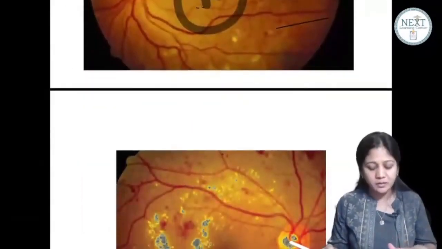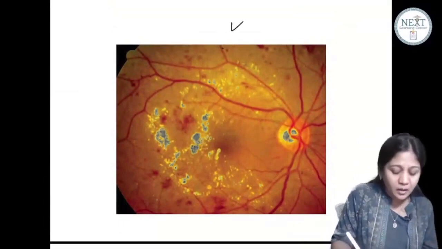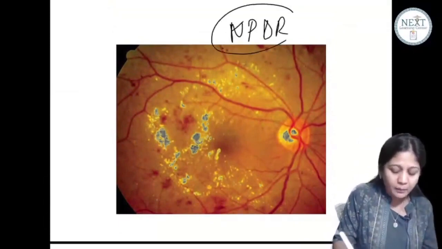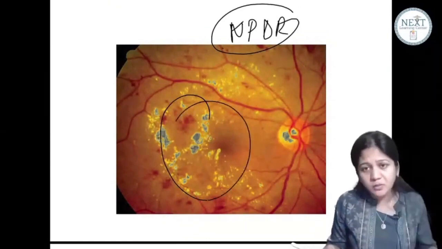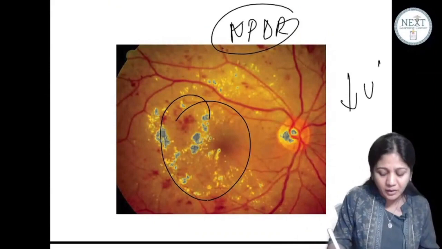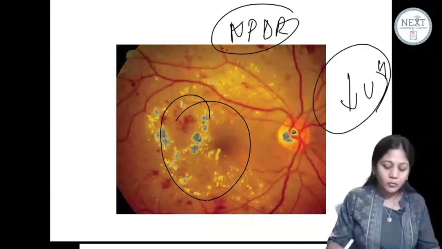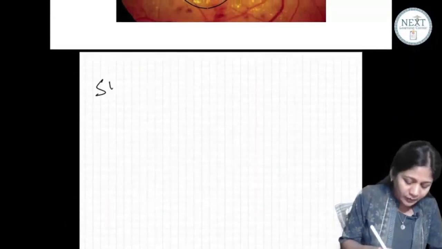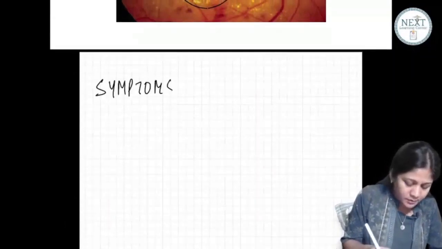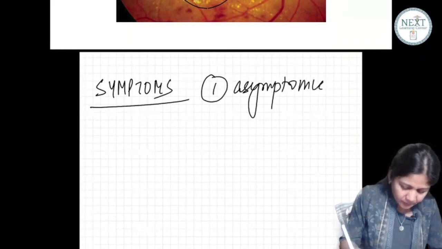Now see this patient. He again has a non-proliferative change. This is also NPDR, but you have a lot of findings in the macula. You have so many exudates in the macula. That is why the patient has a decrease in vision. So my question is, please write down, what is the most common cause of decrease in vision in diabetic retinopathy?